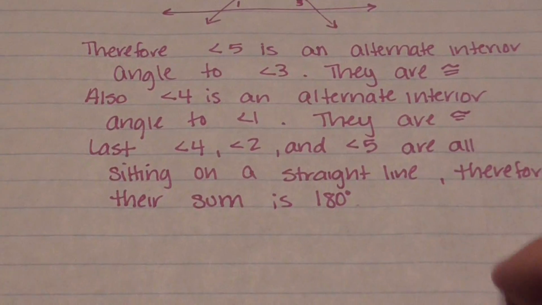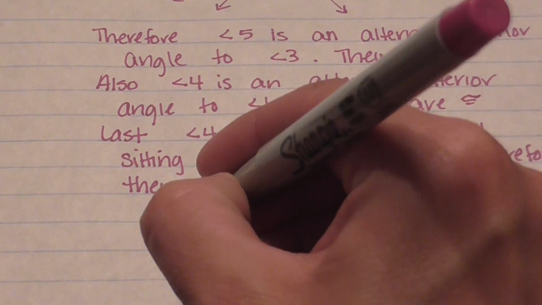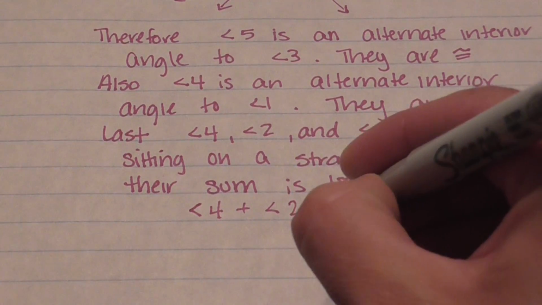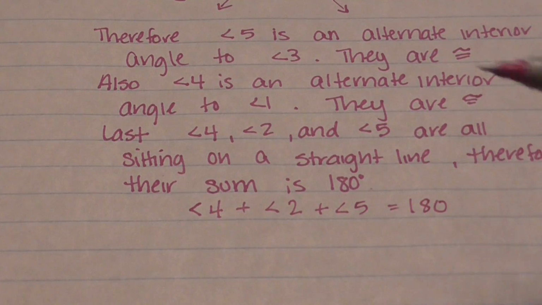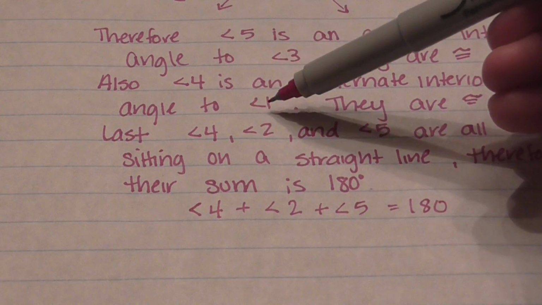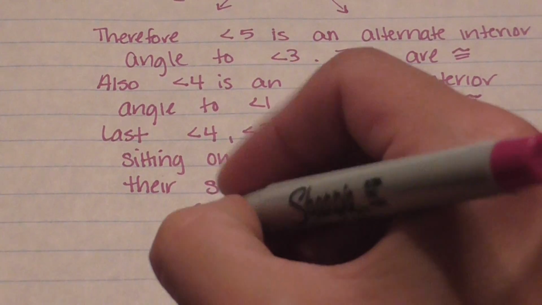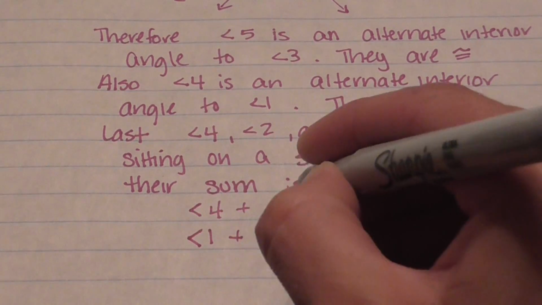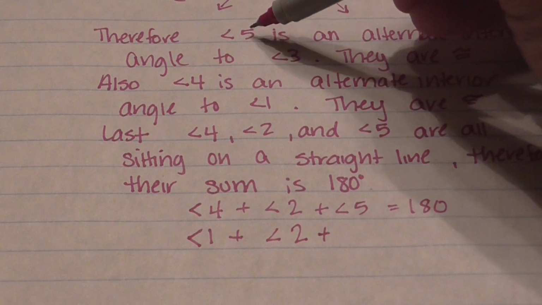So let's add that in here to our notes. Let's start with angle 4. Angle 4 plus angle 2 plus angle 5 has to equal 180 degrees. But we've already said that 4 can be replaced by 1 because they're congruent. So angle 1 plus angle 2, which doesn't need to be replaced, plus, and what can 5 be replaced with?